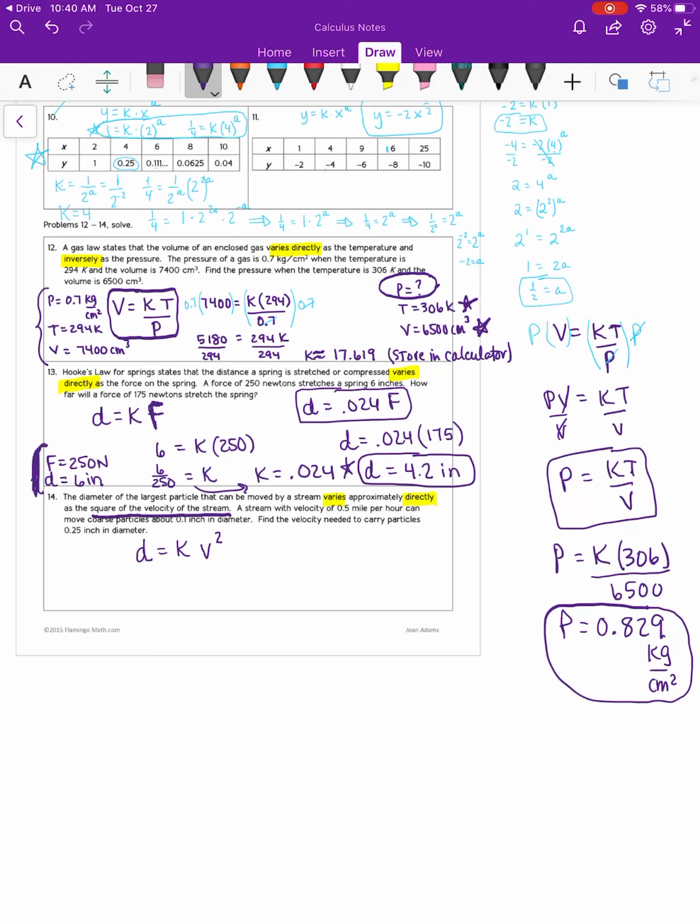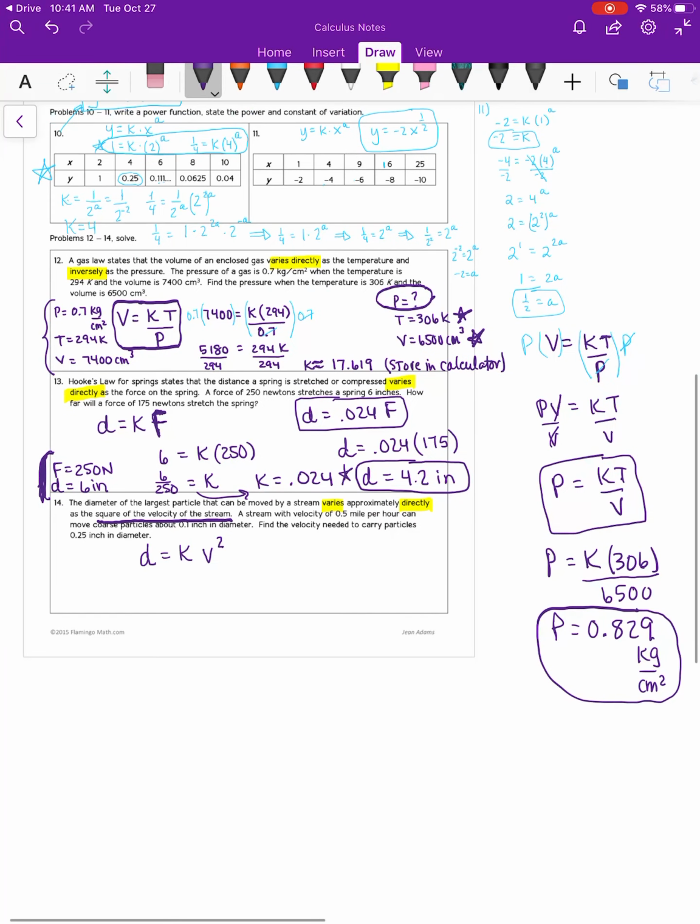So I read that and I write this: diameter varies directly as the square of velocity. That means it's equal to some constant of variation times the square of velocity. So a stream with velocity, here we go, it's given us a situation where we can solve for our k. A stream with velocity 0.5 miles per hour can move coarse particles about a distance of 0.1 inches in diameter.